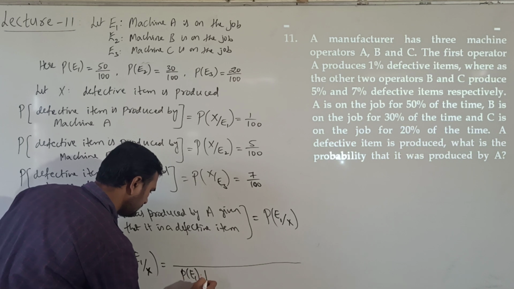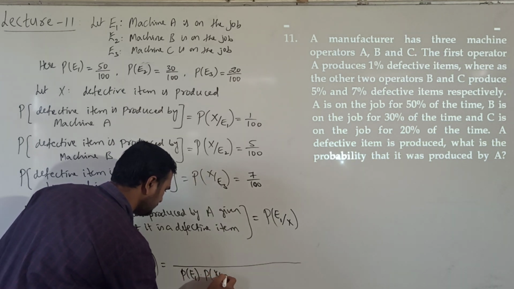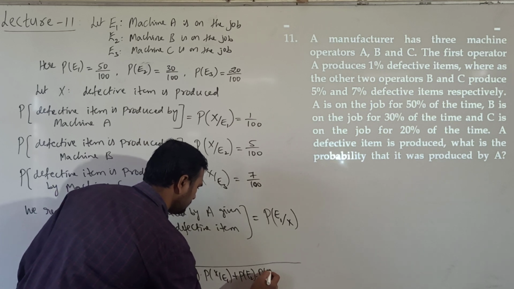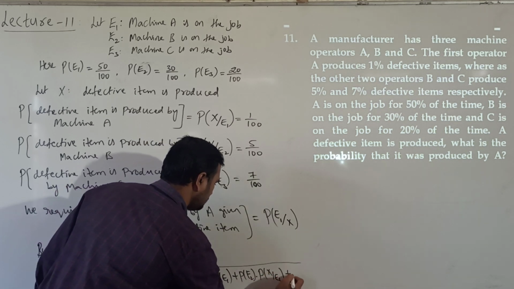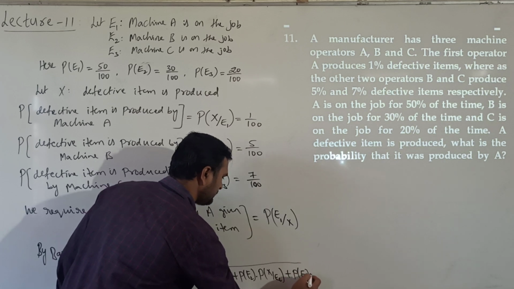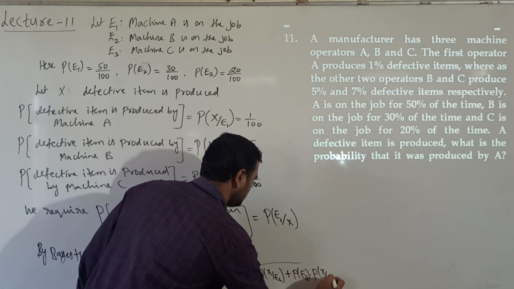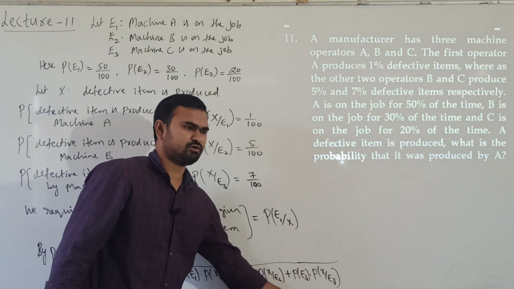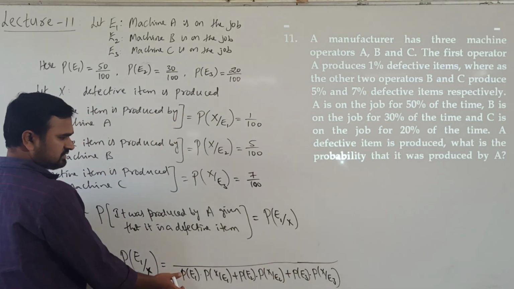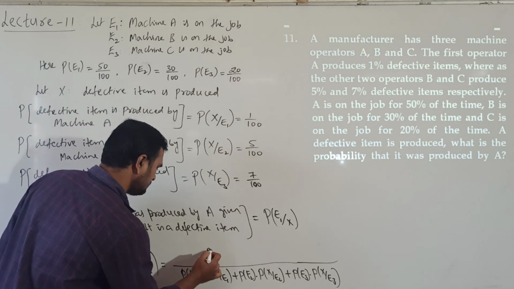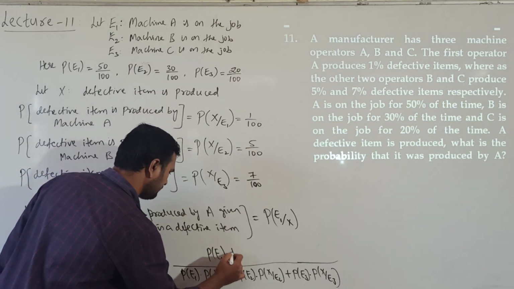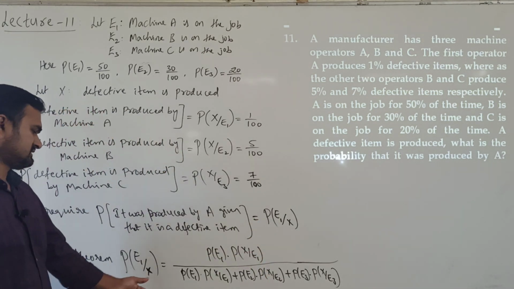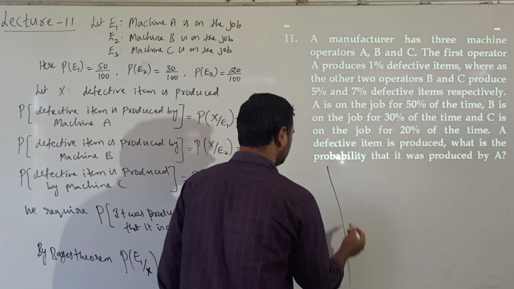So P of E1 into P of X given E1, plus P of E2 into P of X given E2, plus P of E3 into P of X given E3. So write all the cases in the denominator, that is the total probability. Now what are we interested in? The first case. So write the first case in the numerator, P of E1 into P of X given E1. Let's substitute all this and simplify.